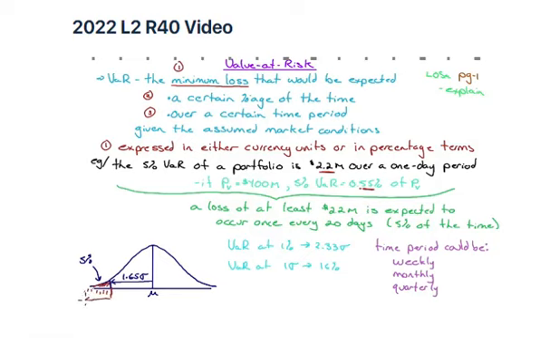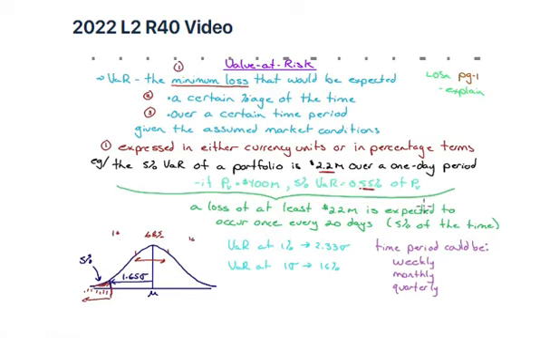That's why we say it's a minimum loss that would occur. If we wanted a 1% VaR, that would be 2.33 standard deviations away. If we're stating VaR at 1 standard deviation, that's the same as saying a 16% VaR, because, as we know, 1 standard deviation on either side encompasses 68% of the observations in the normal probability distribution, with 32% in the tails, so there'd be 16 here, and of course 16 there, right?